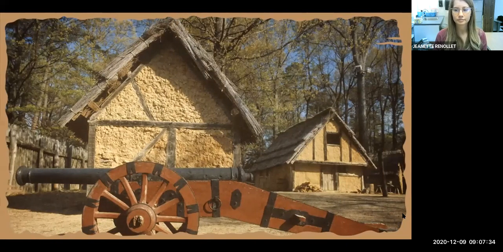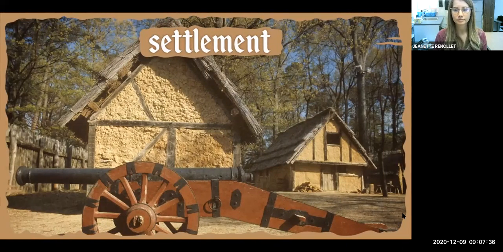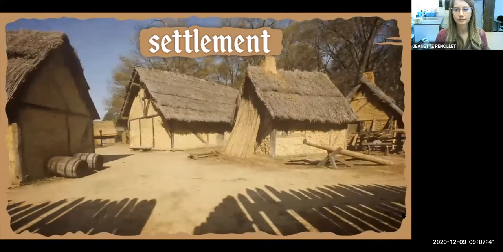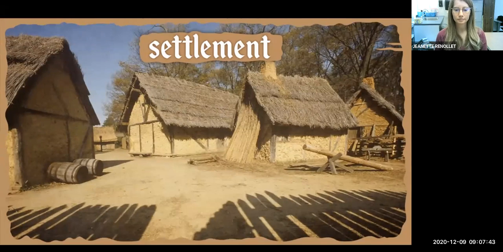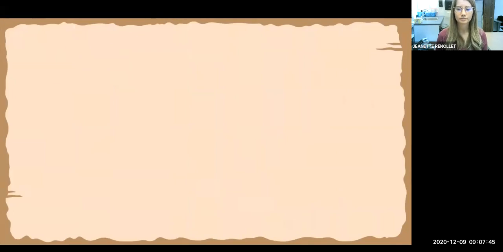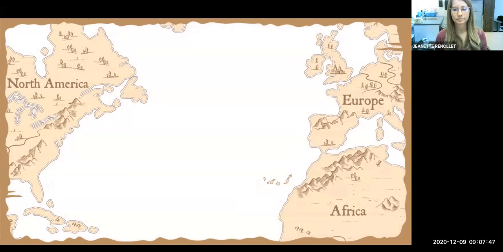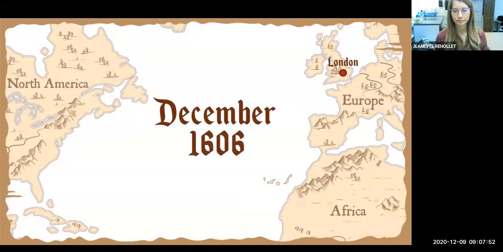Jamestown was the first English settlement in North America. A settlement is a colony or a small community of people. English settlers began their journey from London in December of 1606.